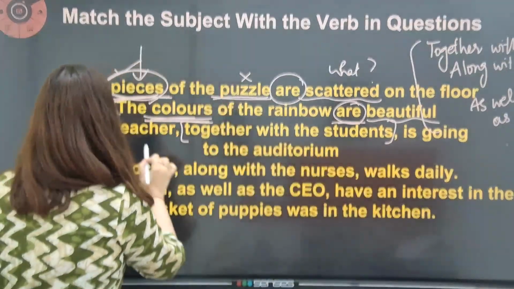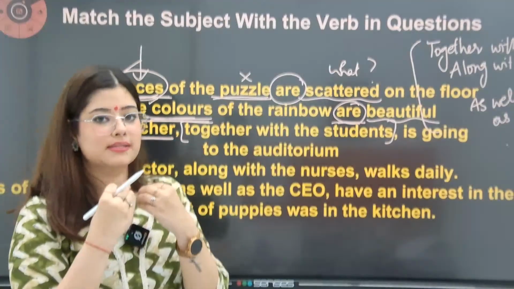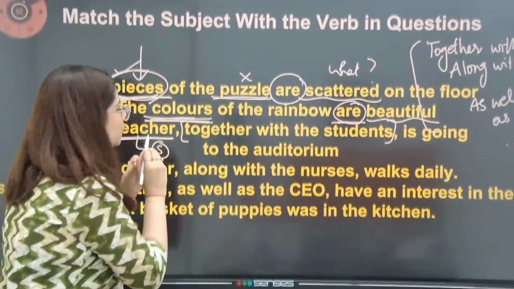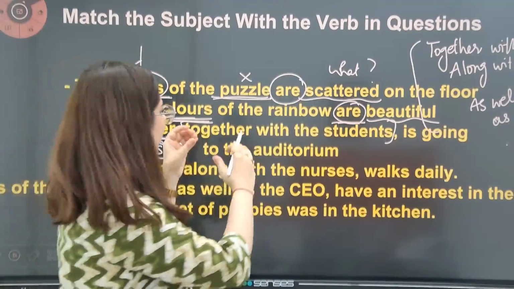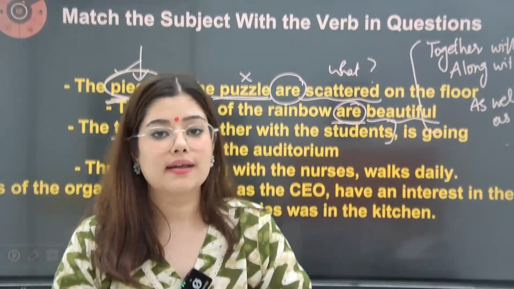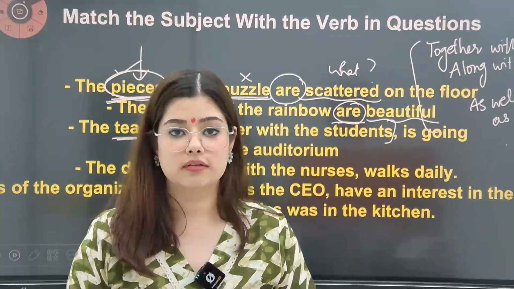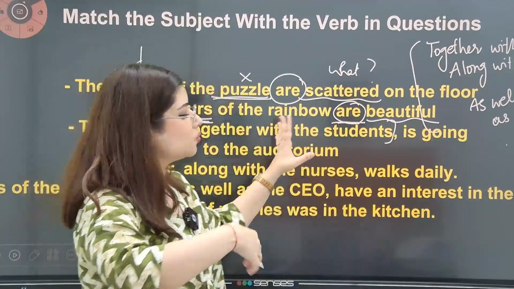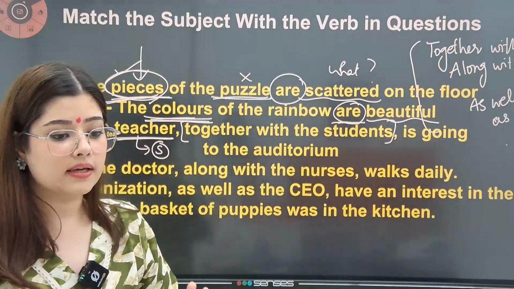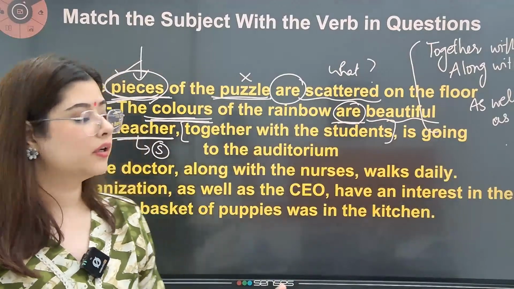I am talking about the teacher here. My subject is the teacher, which is singular. Together with the students, that is not my concern here. Along with the students, that is not my concern here, right?